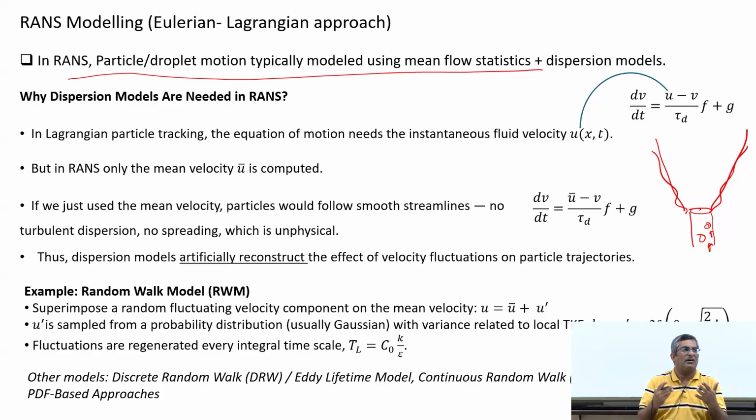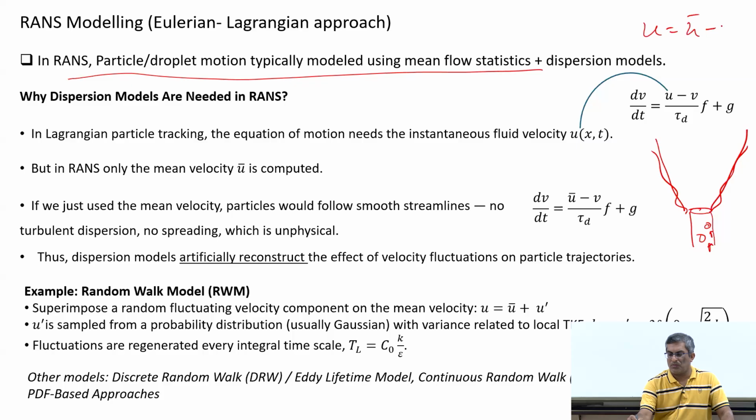It does not have the turbulent fluctuations. Even if you have modeled the turbulent kinetic energy, let us say you are using K epsilon model, then you solve the equation for turbulent kinetic energy and dissipation rate, and from there you get the eddy viscosity term.